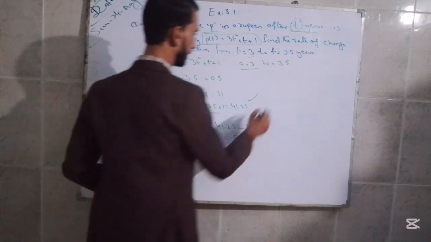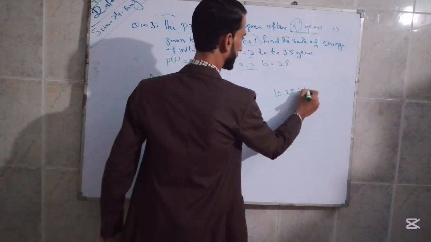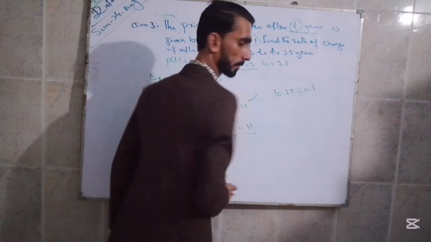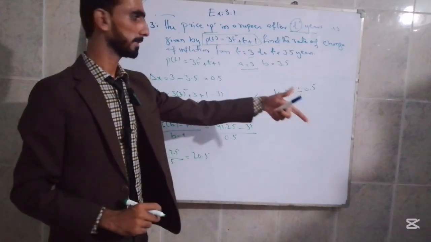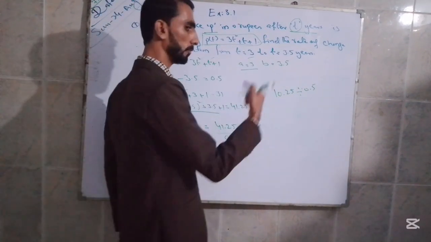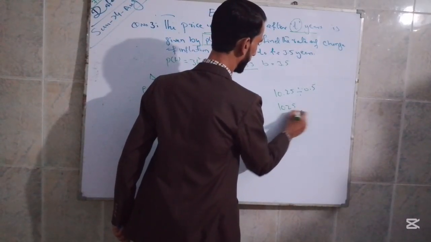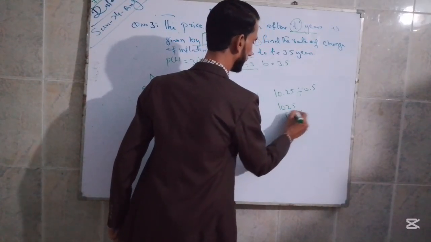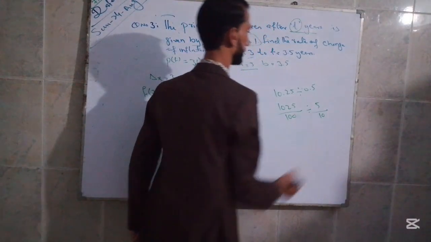Look at here, 10.25 divided by 0.5. Now first we convert into fraction form. This is decimal form. First we need to convert into fraction form. It means 1025 upon 100 divided by 5 upon 10.